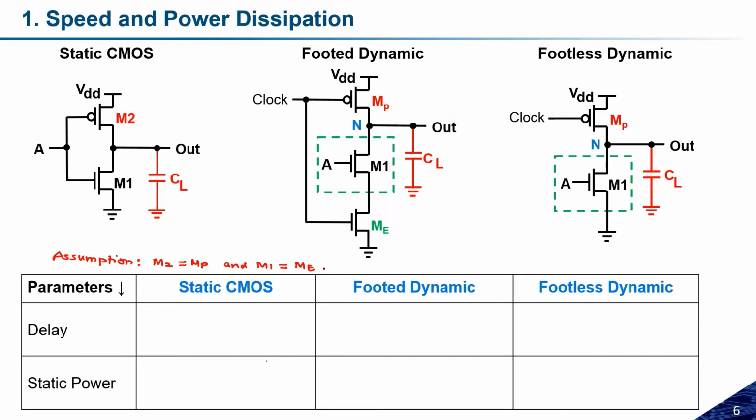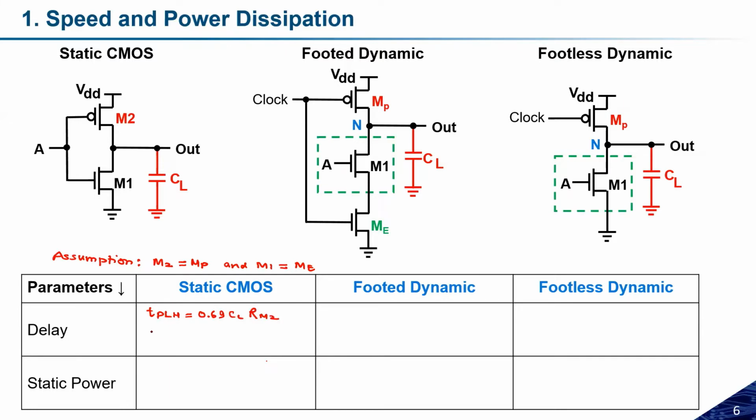If we talk about the delay, in static CMOS the TPLH will be 0.69 times CL into R M2.